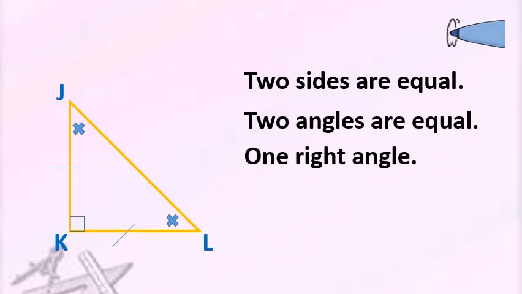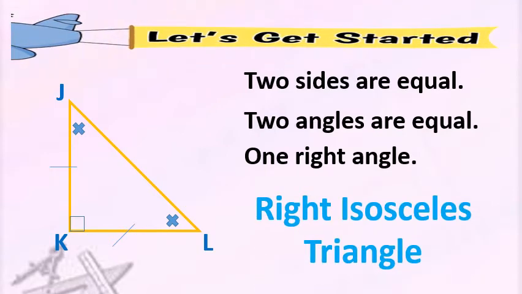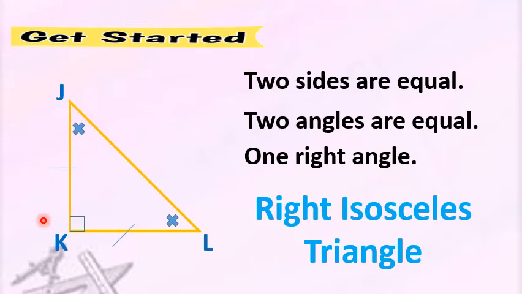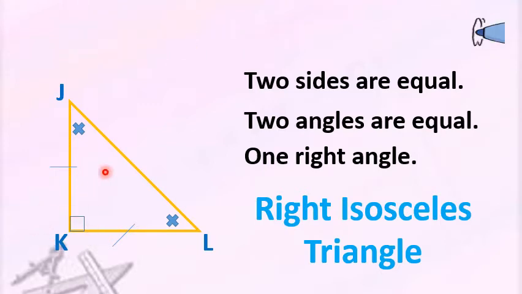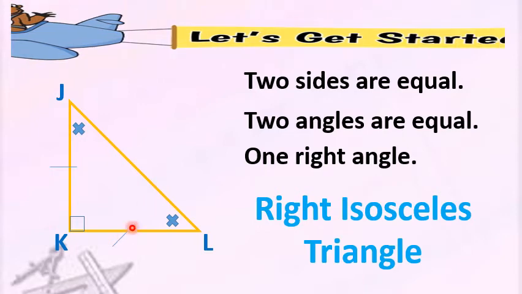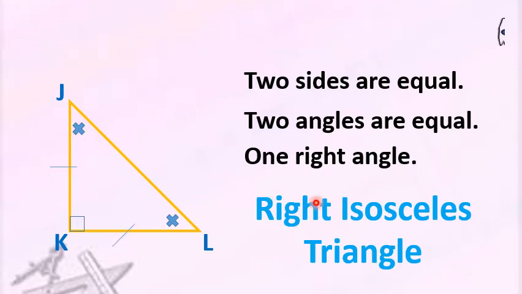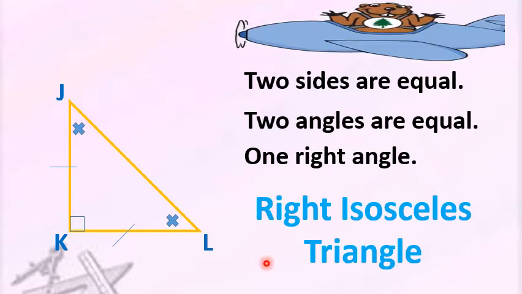We call this a right isosceles triangle. Whenever you see a triangle having one right angle, the other two angles equal, and two equal sides, you name it a right isosceles triangle.